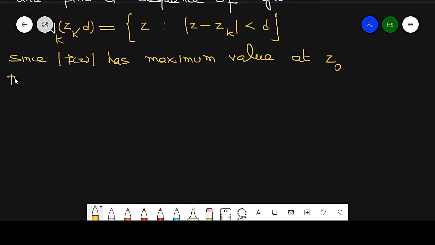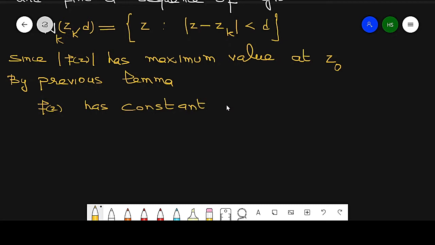then by the previous lemma, f(z) has constant value f of z naught throughout n0.